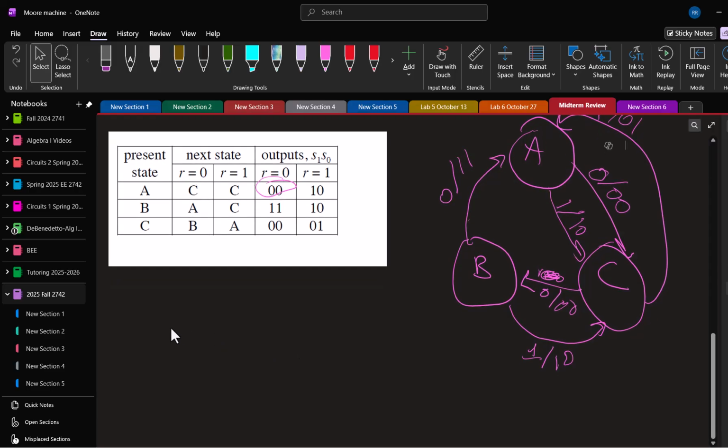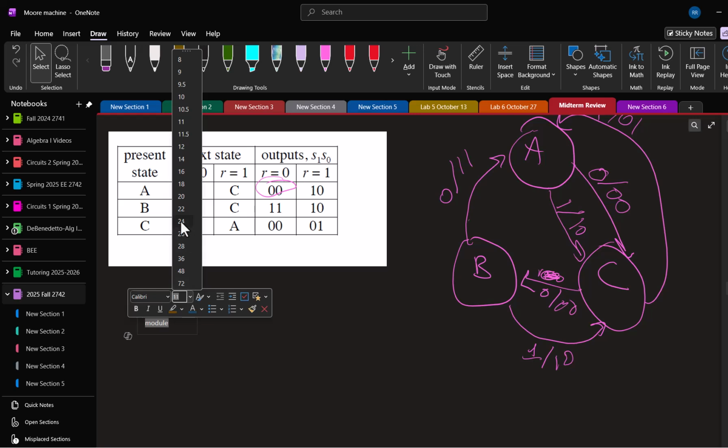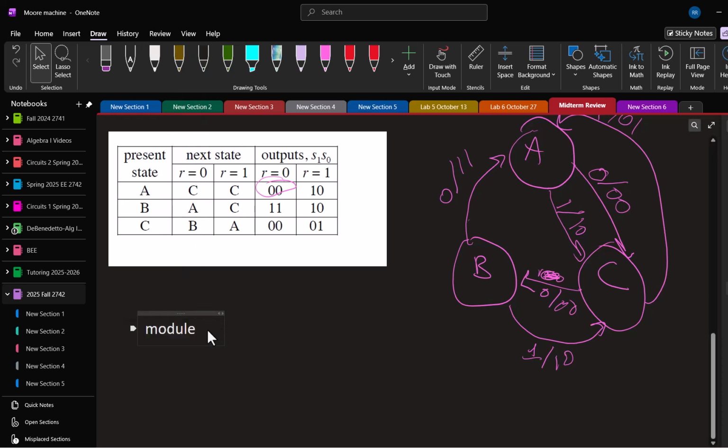Okay, so I'm always going to have a clock. I have R, I have S1, I have S0. And those are my inputs and outputs.